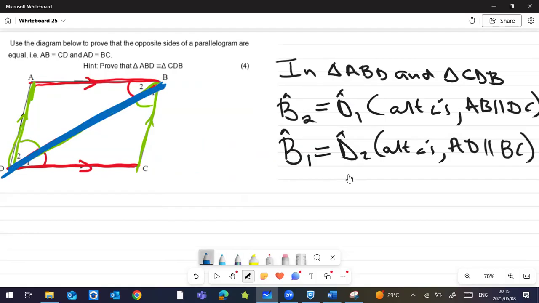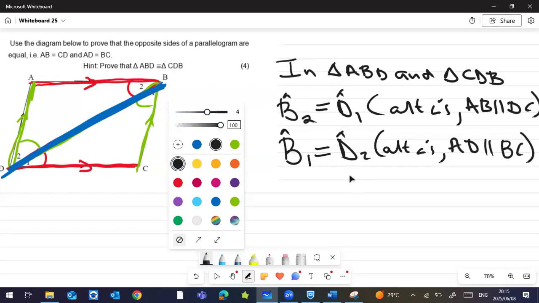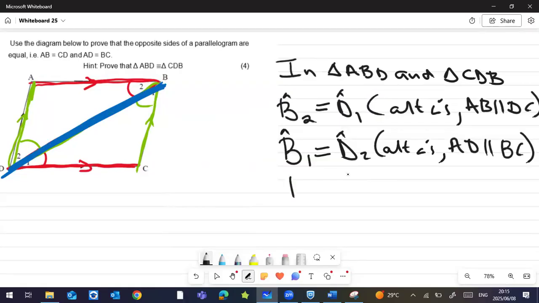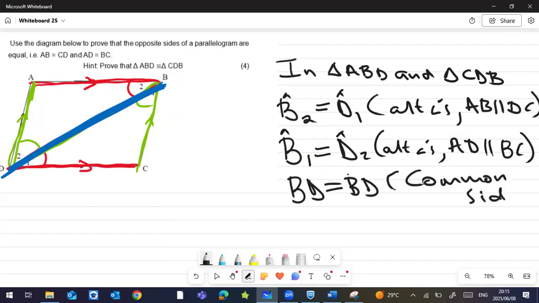We can now say both triangles have BD, so BD equals BD, reason being a common side. Now we have three statements. We have said that between these two triangles, B2 equals D1 and B1 equals D2, and there is side BD which is common between them.